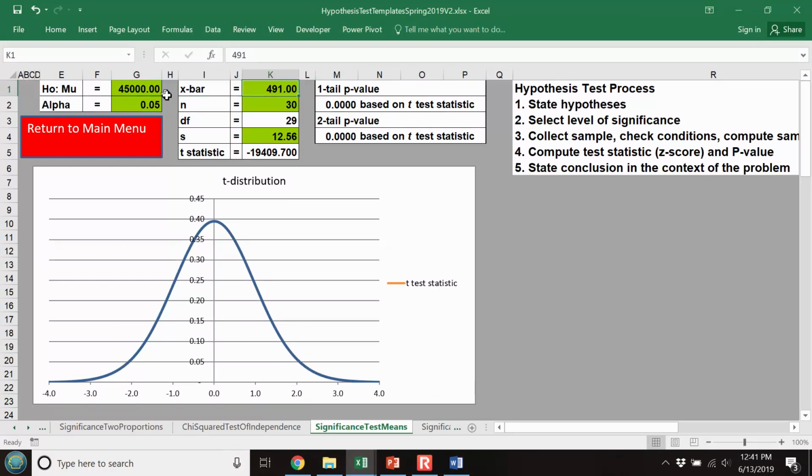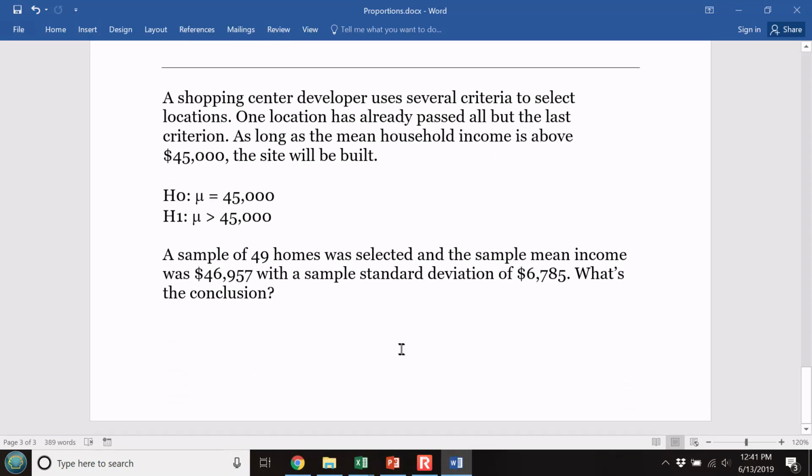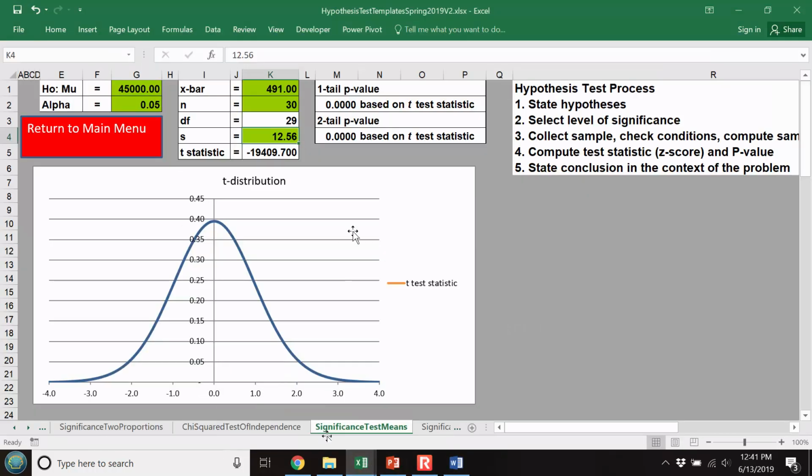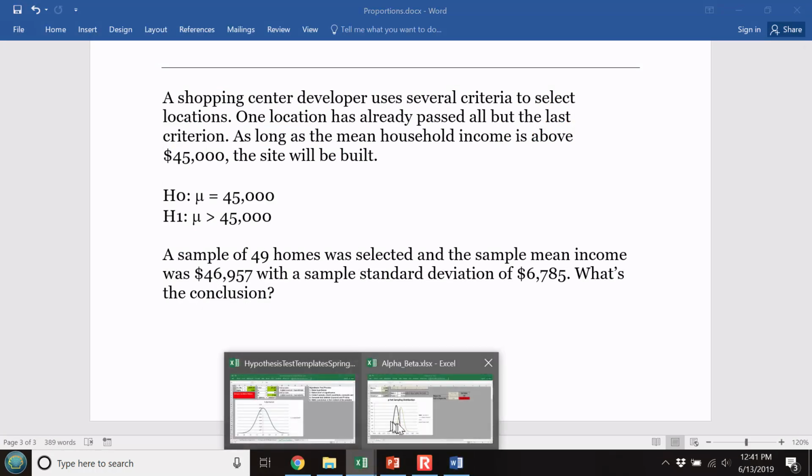We don't have our data yet. So I got a sample of 49 homes. The sample mean was 46,957.